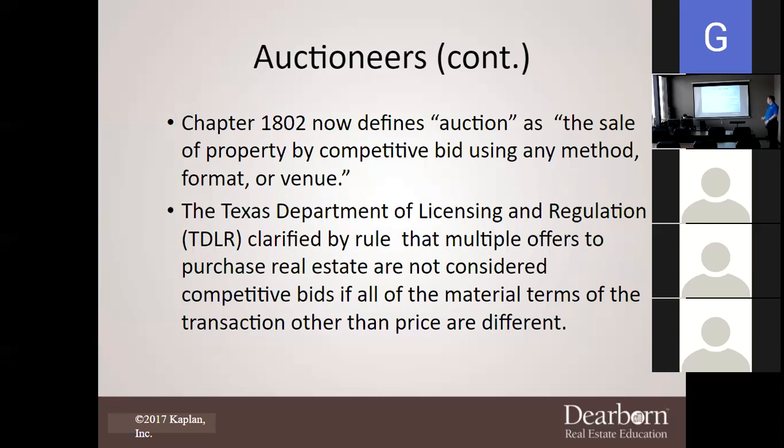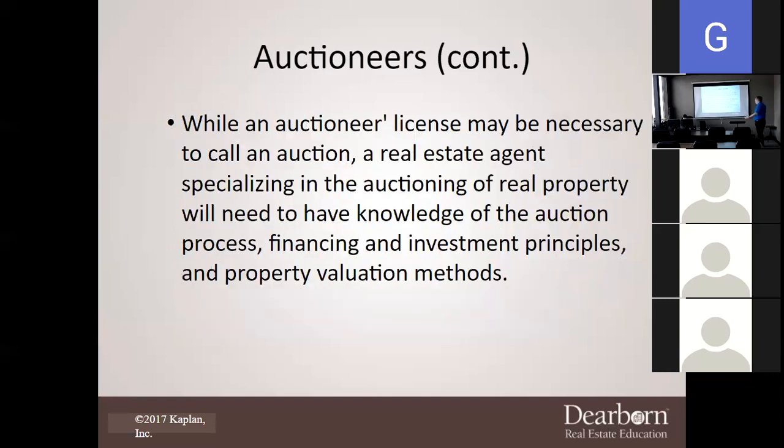It just means that you got multiple bids. While an auctioneer license may be necessary to call an auction, a real estate agent specializing in the auctioning of real property will need to have knowledge of the auction process, financing and investment principles, as well as property valuation methods.